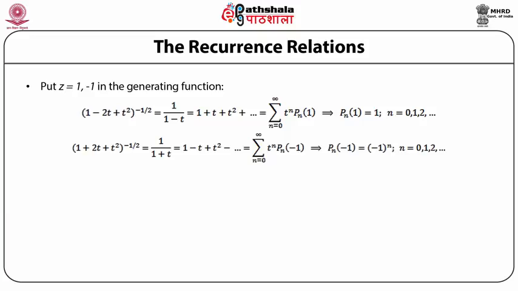Similarly, if we put z is equal to minus 1, we get 1 plus 2t plus t square raised to power minus 1 by 2 is equal to 1 by 1 plus t, which gives 1 minus t plus t square minus and so on.